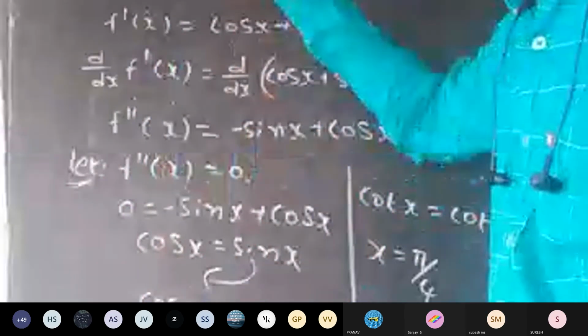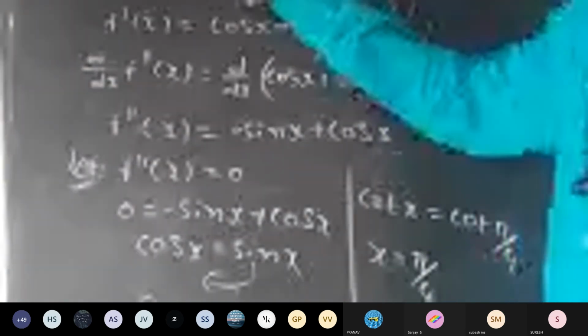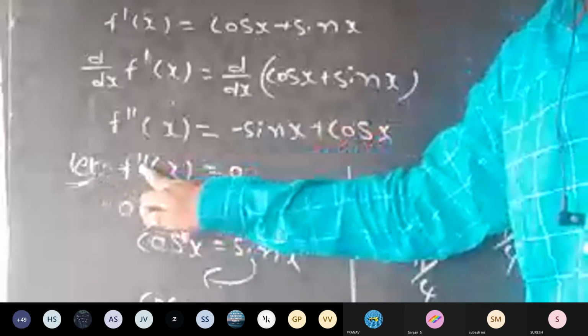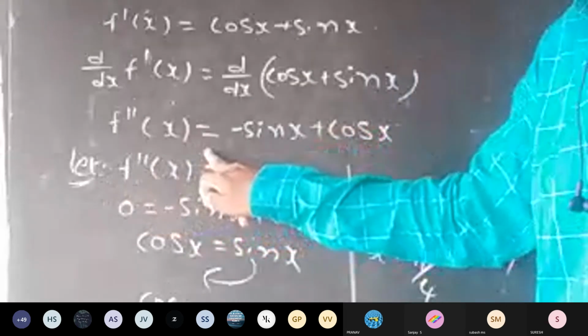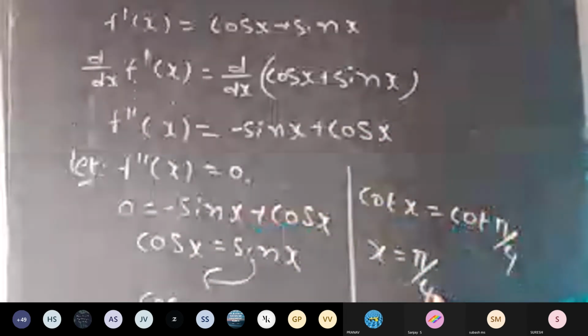See, your doubt here: they will not give any x value, so you have to find out the x value. So that's why let f double dash of x is equal to 0 now. So now you got the x value pi by 4.